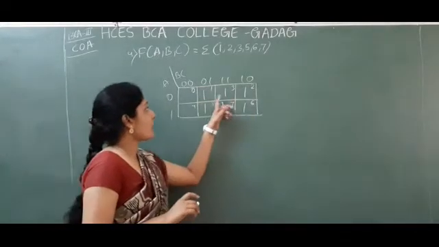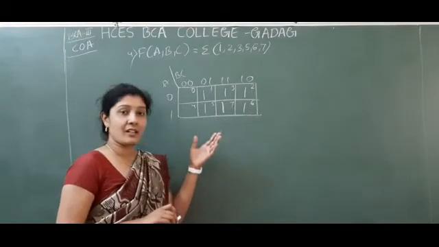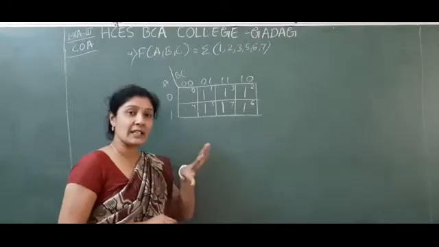See here, totally we are having how many values? 6. And all 6 are adjacent to each other.